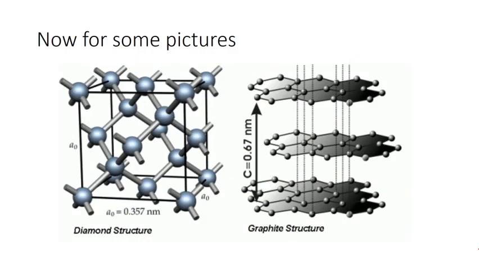And then here, as promised, is for some covalent network solids, the difference between diamond structure and graphite structure.